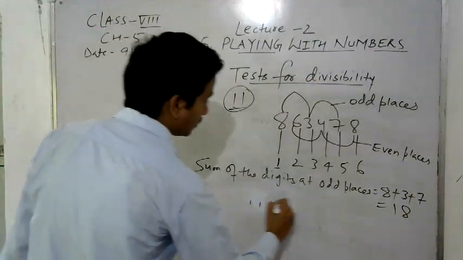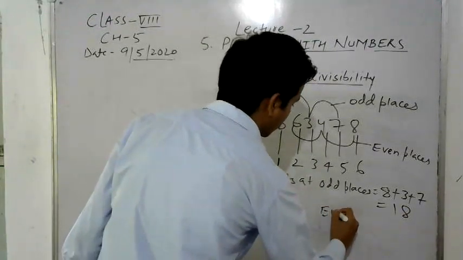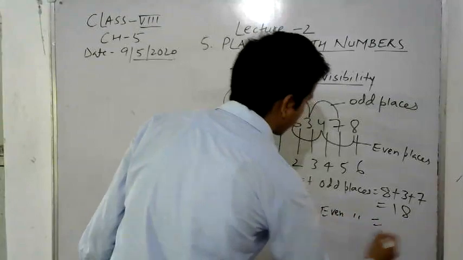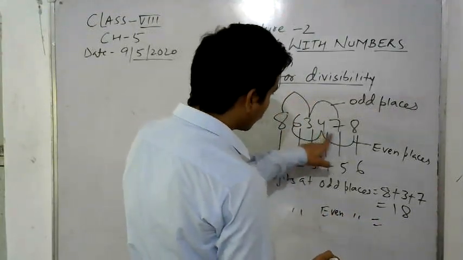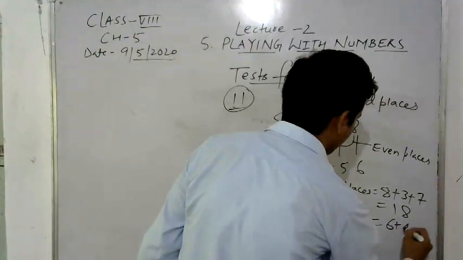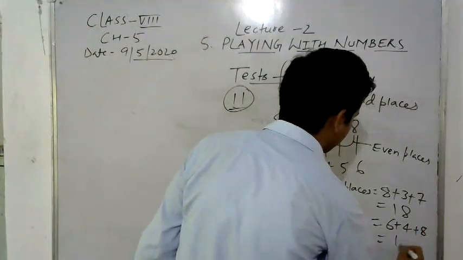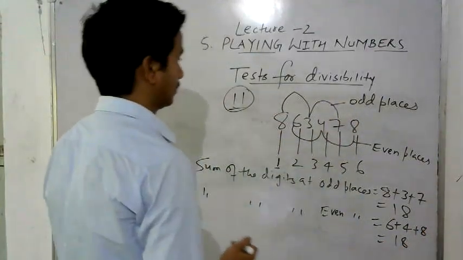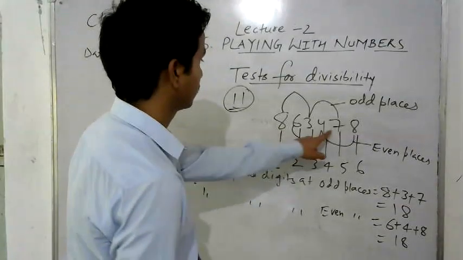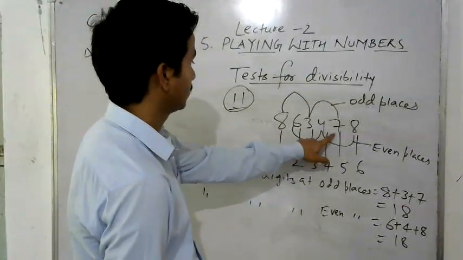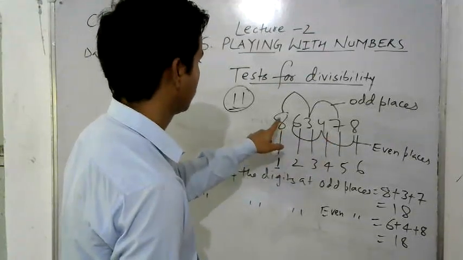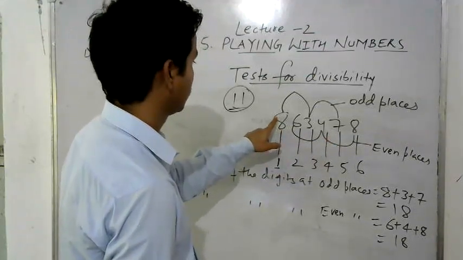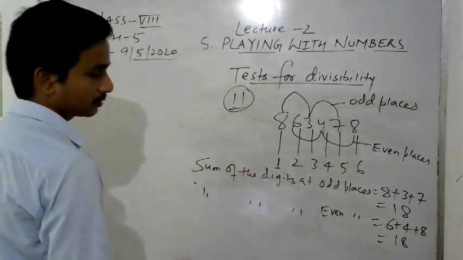Now the sum of the digits at even places. The digits at even places are 6, 4 and 8. What is 6 plus 4 plus 8? It is again 18.